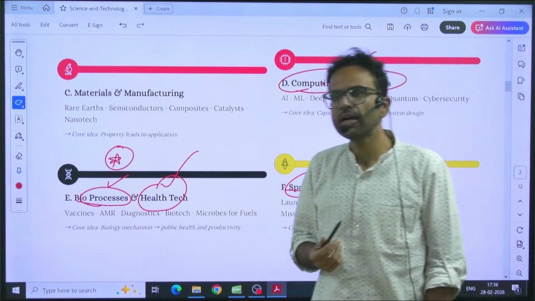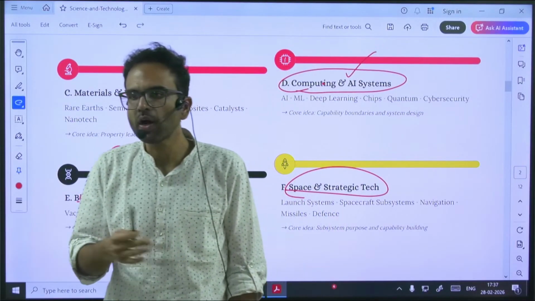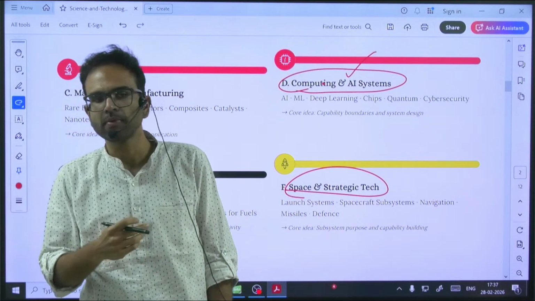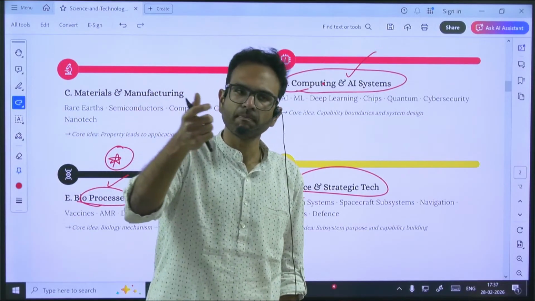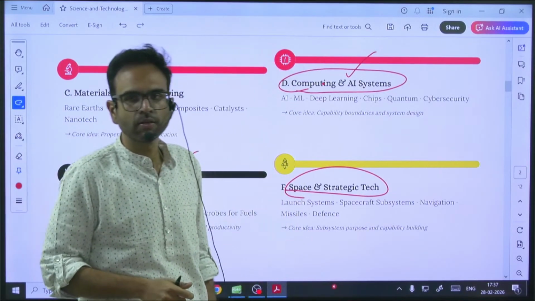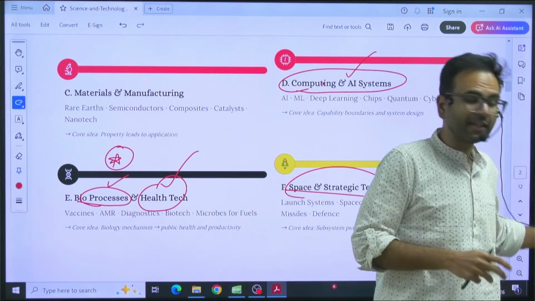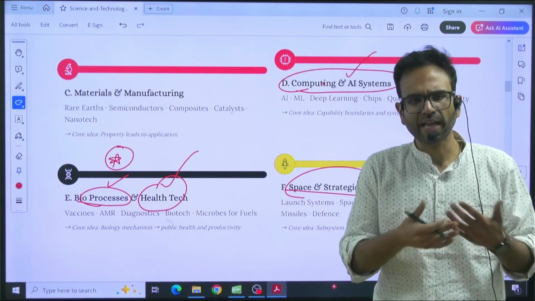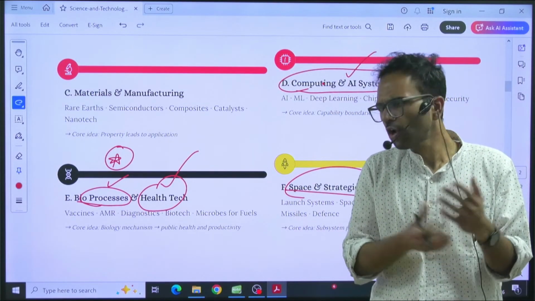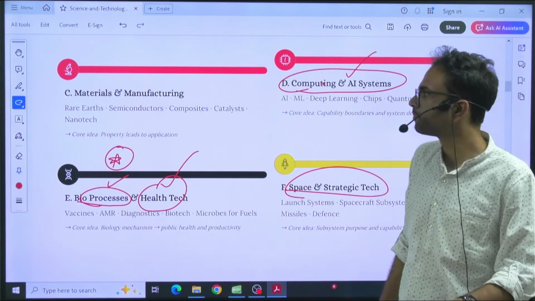Then we'll be looking at various international organizations that are involved in this space race, namely ISRO, NASA, JAXA, European Space Agency, so on and so forth, even China's systems. And then we will also look at the GPS systems, like basically navigation systems. All of this will be in the block of space and strategic tech.